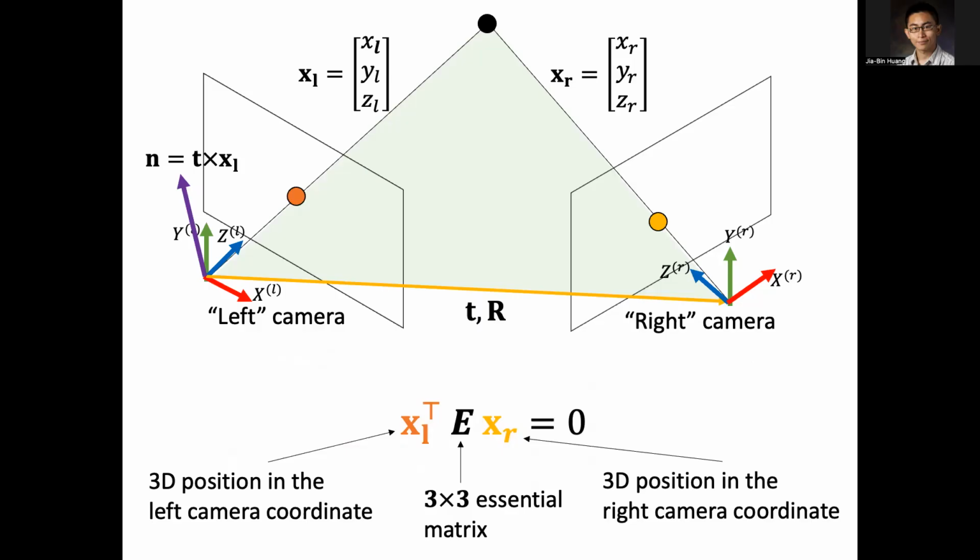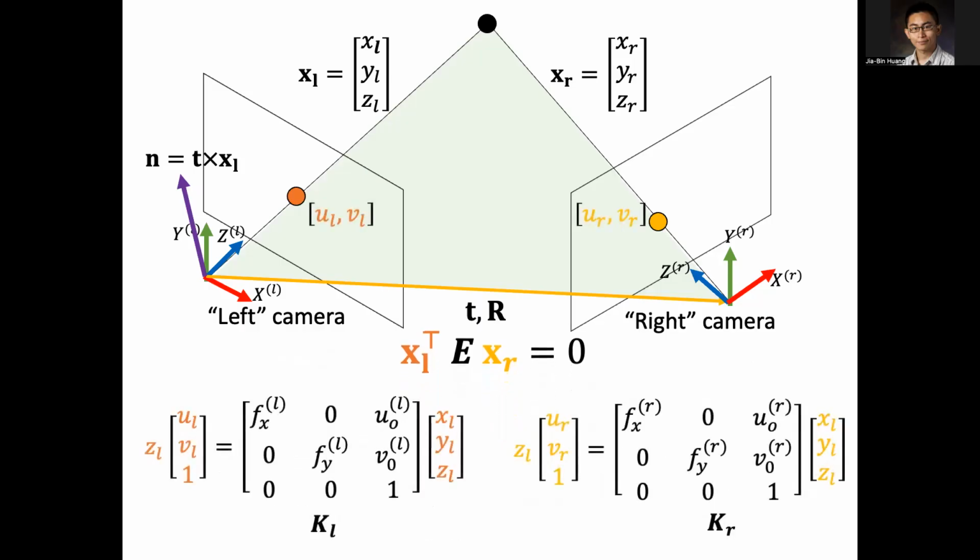So what we could do is that I only know UL, VL, the 2D position of the point, and UR, VR, the 2D position of the point, right? So you know that this 2D position is a projection of XL, YL, ZL projecting onto the left camera. This is the left camera intrinsic, right?